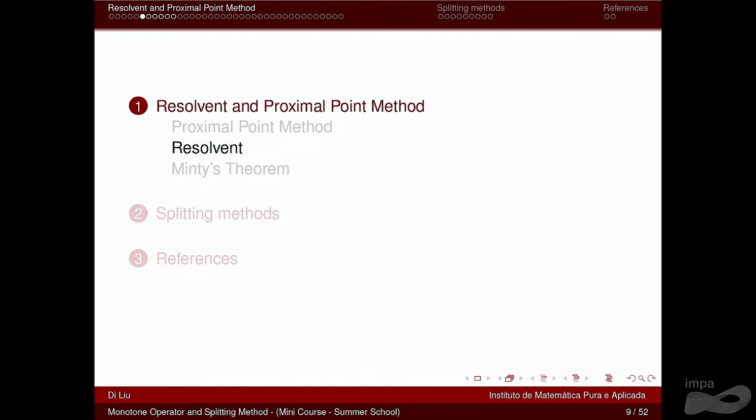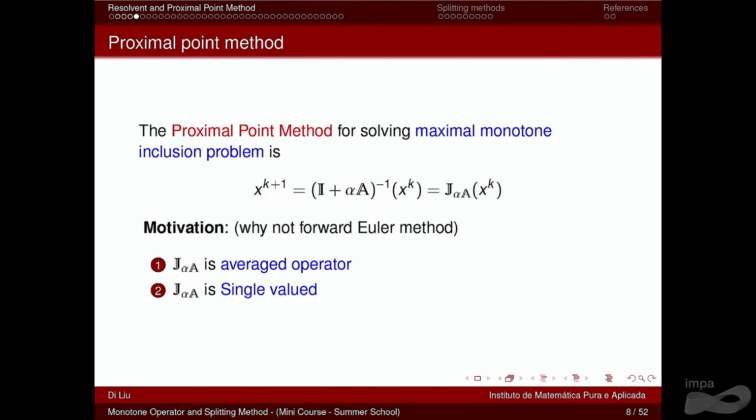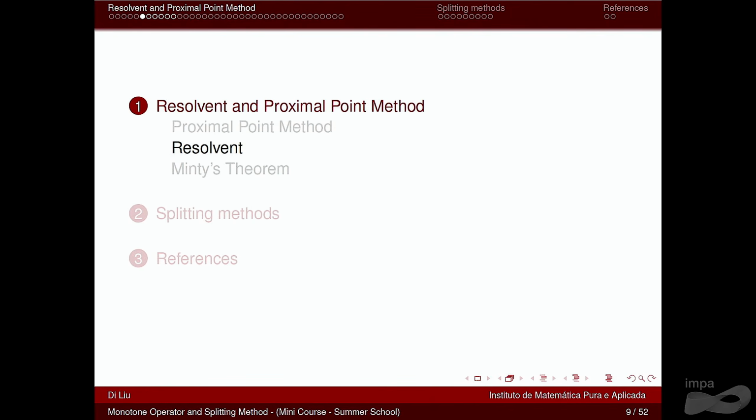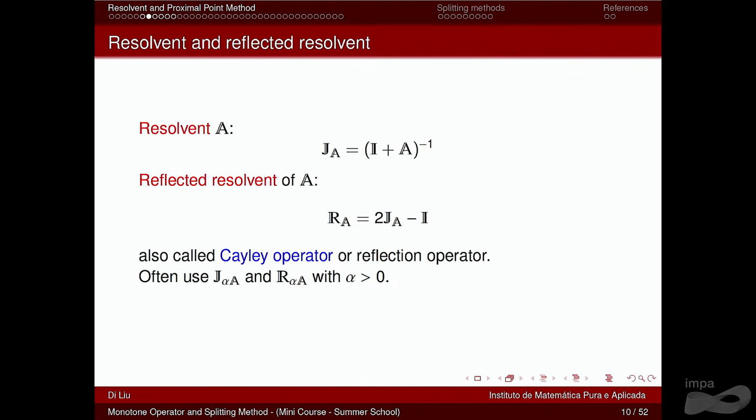Before we study the convergence of the proximal point method, we need to first study the properties of this J_A, which is the resolvent of operator A. The resolvent of A is defined by the inverse of identity plus A, and correspondingly, we can define the reflected resolvent R_A, which equals 2 times the resolvent of A minus identity.